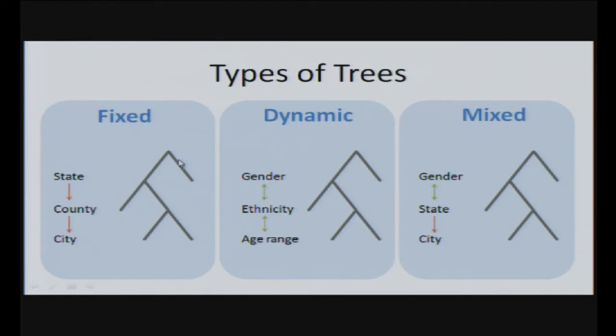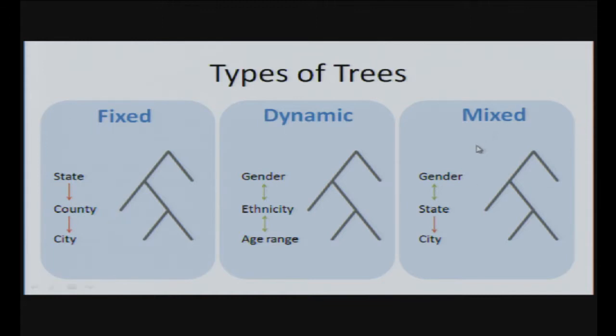So we have the state at the top, the county in the middle, and then the third level of the tree might be the city. Then you have dynamic trees, trees where you can move things back and forth, like gender, ethnicity, and age range. You could also order this by ethnicity, gender, and age range, or age range, gender, and ethnicity. You can move the tree around. Some trees allow you to do that, some don't.